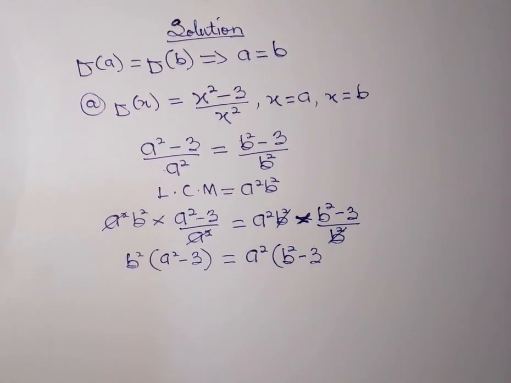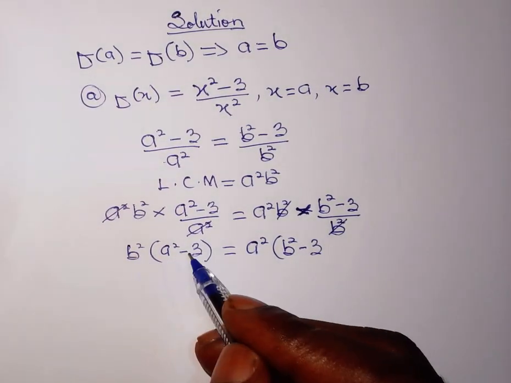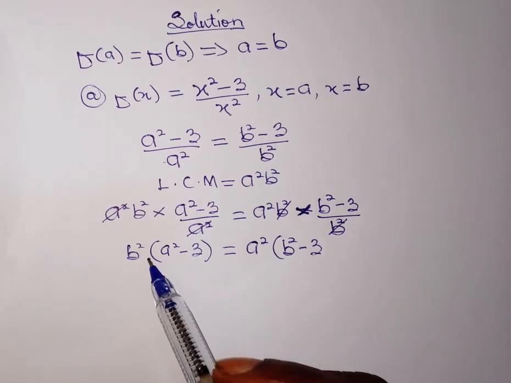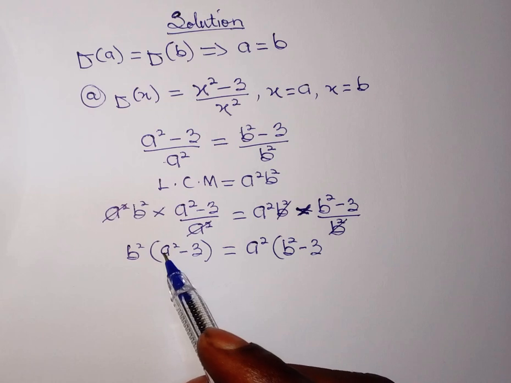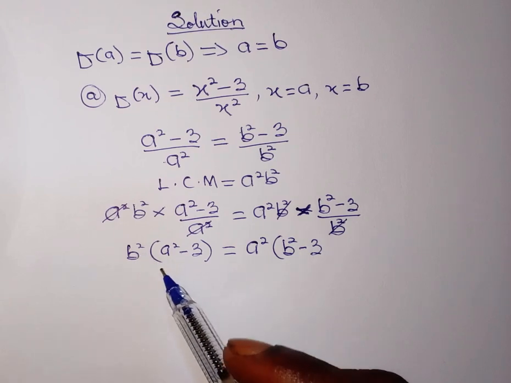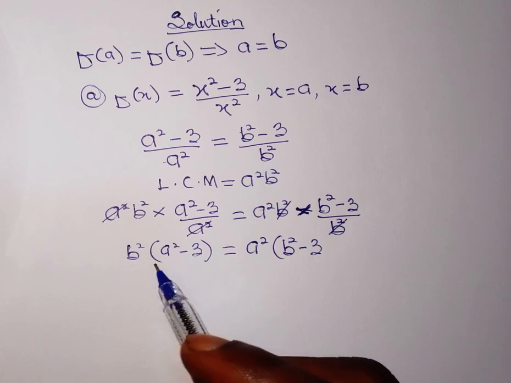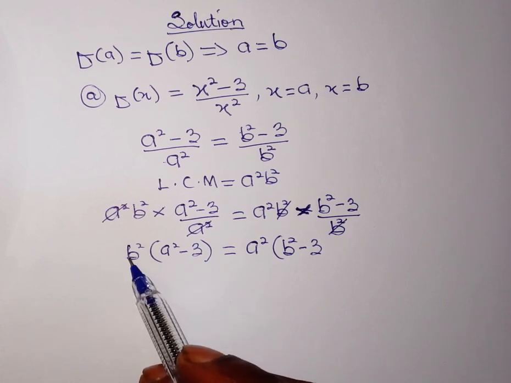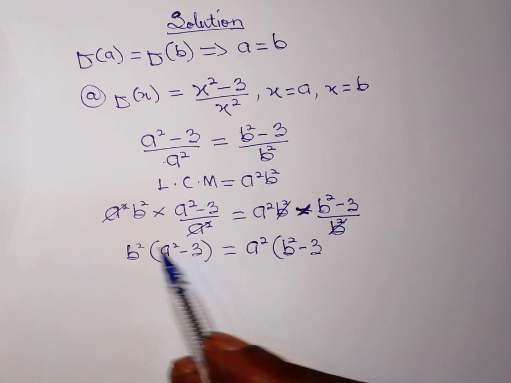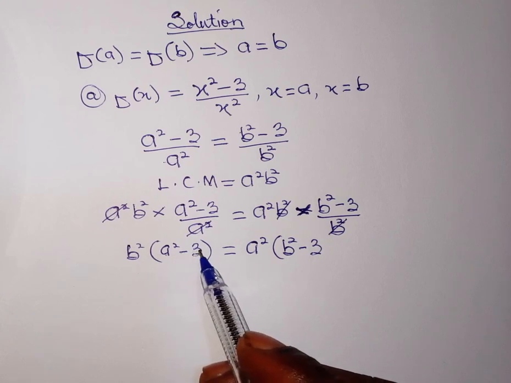Once I have this, I can just go ahead and open the bracket. That is basic expansion of brackets. Remember what we did in the algebraic expression: you open the bracket by multiplying what is outside the bracket by each term in the bracket.